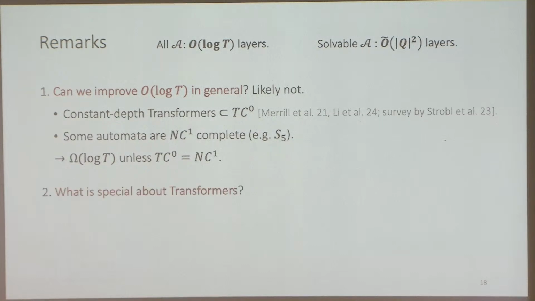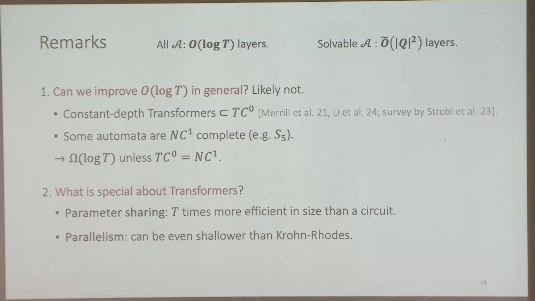I also want to note why transformer is suitable. The first reason is that it has parameter sharing. Compared to a circuit, the transformer has weights shared across all the positions, so the size of the transformer will not grow with the sequence length. Another interesting fact is that the transformer is very parallel.